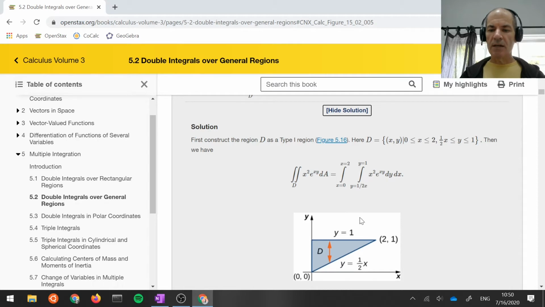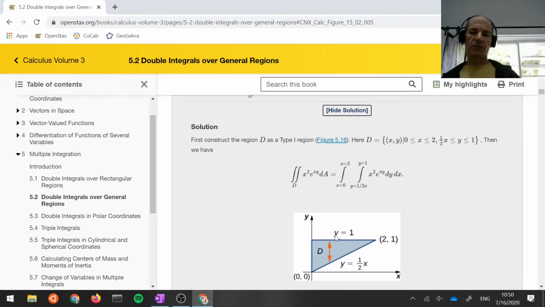In the y direction, a vertical slice of this region starts on the curve y equals 1/2 x down here and ends on the curve y equals 1 up here. So integrating with respect to y, the y limits of integration go from the bottom curve to the top curve always.